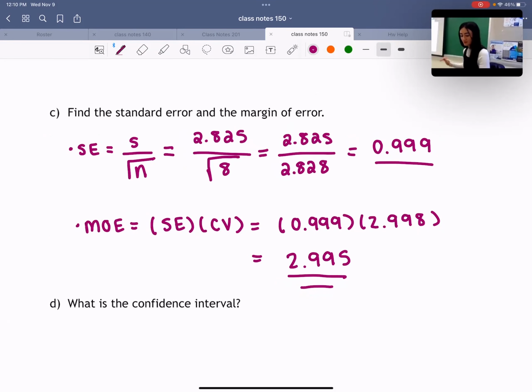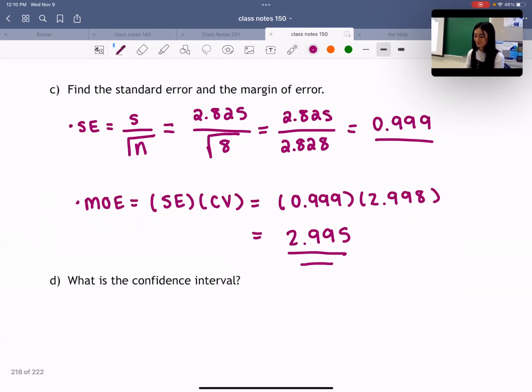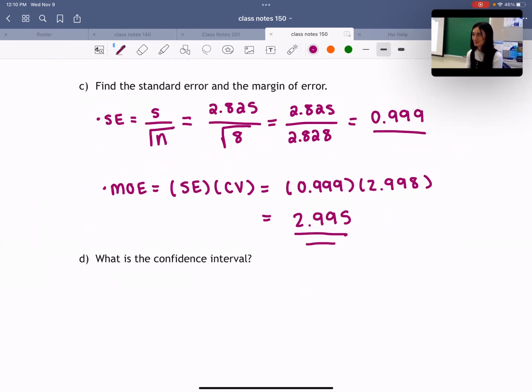All right. Now that we've got the margin of error, how do we do the confidence interval? Claire? The sample mean plus or minus 2.995. Perfect. So this is where we add and subtract.